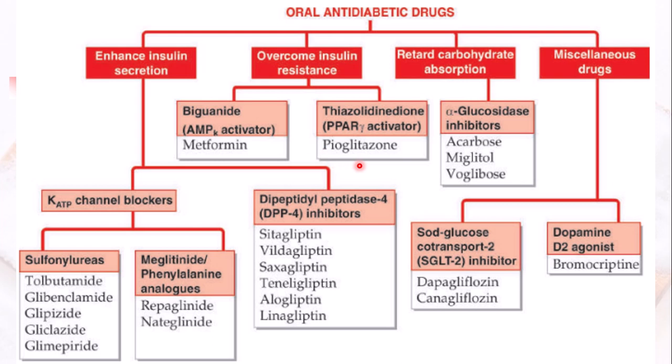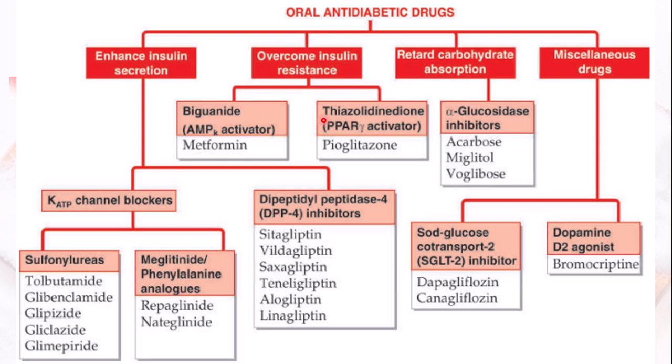These are called the PPAR gamma activators. PPAR gamma means peroxisome proliferator activated receptor gamma. What these drugs do, as I had said, is sensitize insulin, like they are insulin sensitizers. They allow the cells to be sensitive to insulin by decreasing insulin resistance.